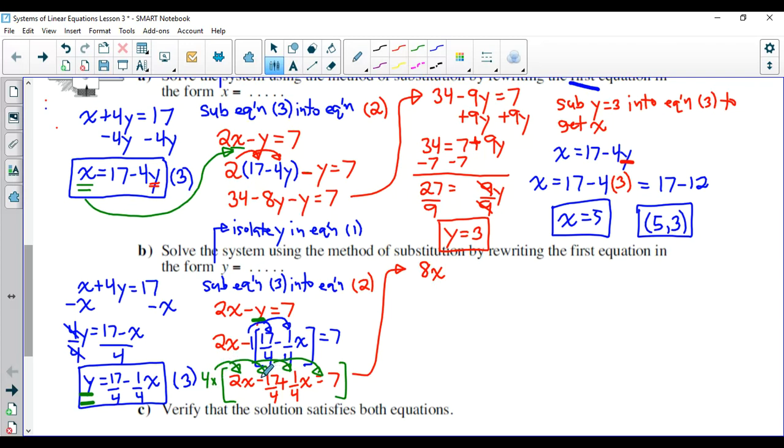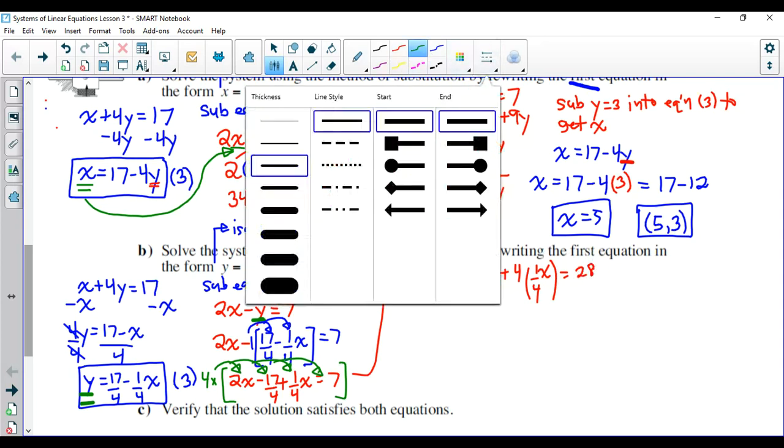4 times negative 17 over 4 would be, okay, so negative 4 times 17 over 4. And then plus, we go 4 times 1 over 4x. And that would be equal to 4 times 7 would be 28.